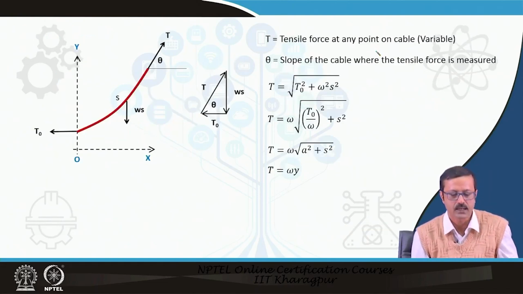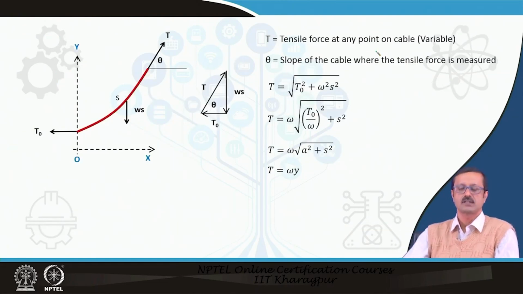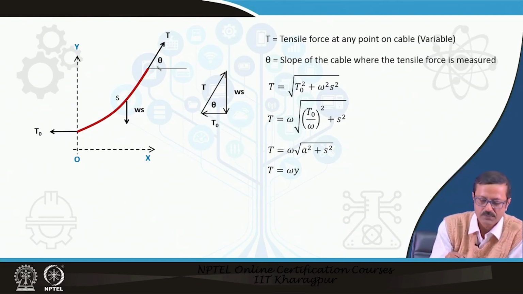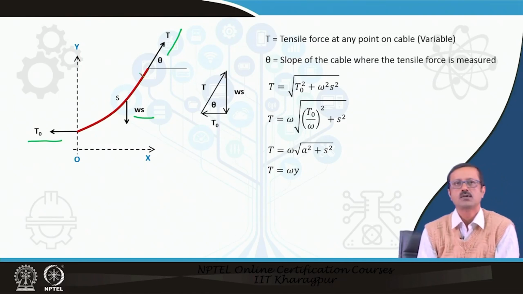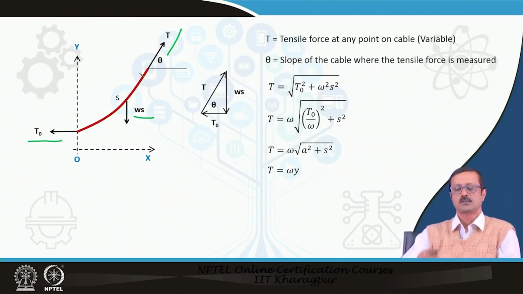Next, you can also find the tension in the cable with this particular formula, because if you take the free body of this cable, the cable is under three loads. One is the horizontal tension, one is the tension in this inclined end portion of the cable, and this is the W into S. W is the loading intensity and S is the length, so it is the total weight of that particular part of the cable.